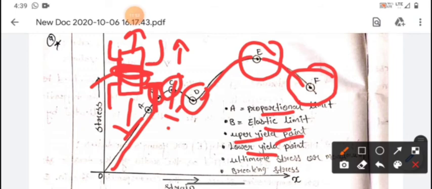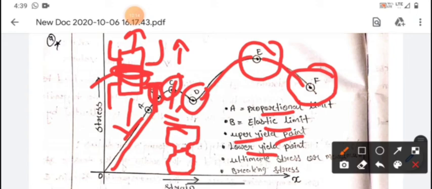The material starts deforming like this, and finally it will fracture.